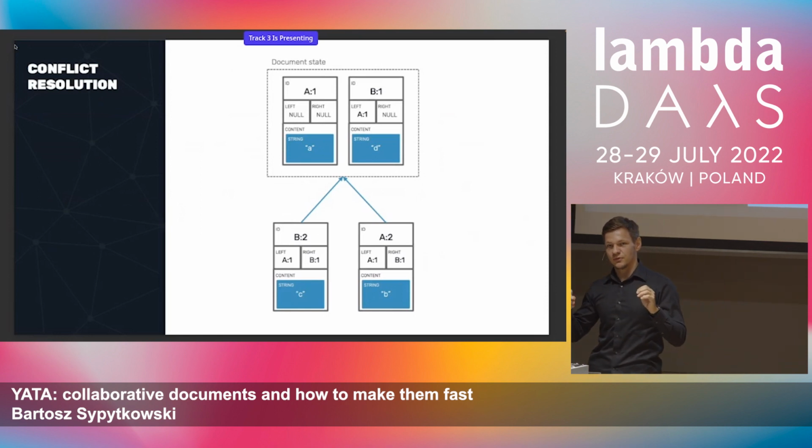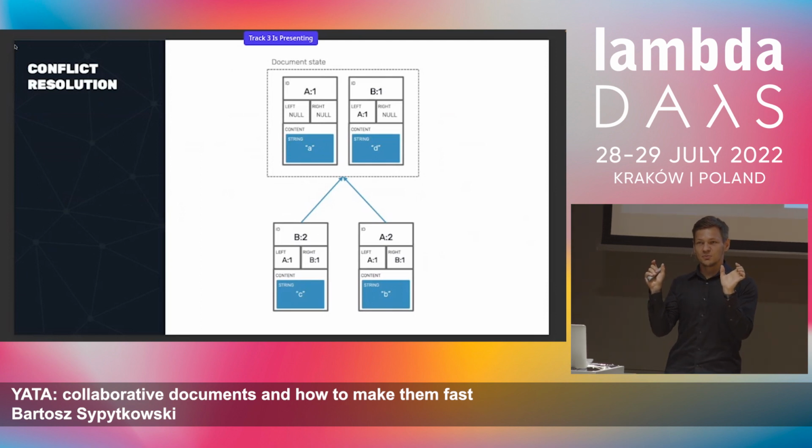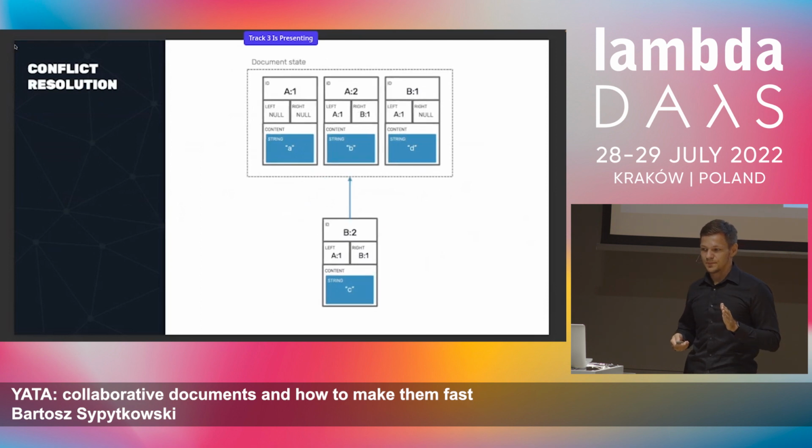Another peer created an insert A2. And those updates are supposed to be inserted in between the same range of neighbors. So first, we see that we can, without any conflicts, insert one of them. So let's start with A2.